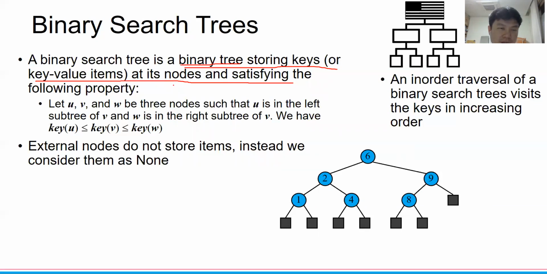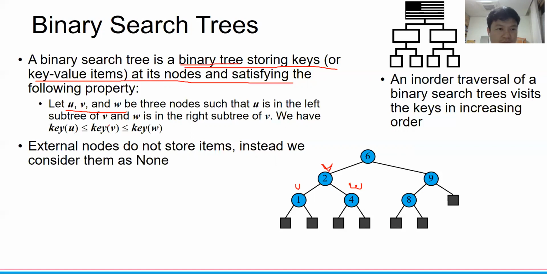So this binary search tree uses this property: let u, v, and w be three nodes such that u is in the left of v, and w is in the right of v.